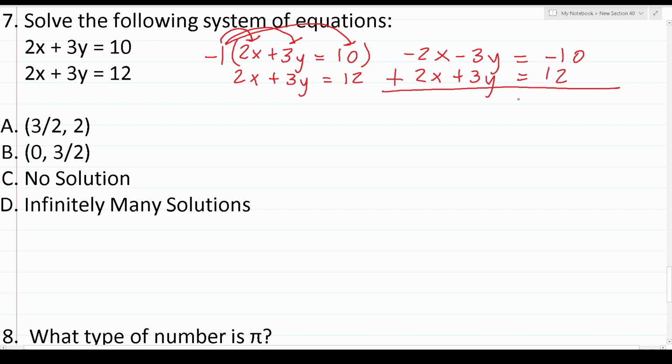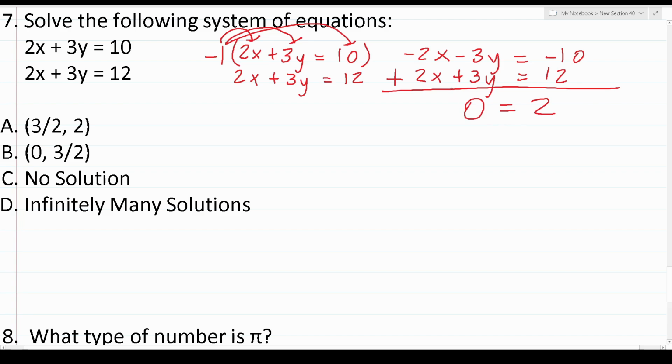Let's add these together. Negative 2x plus 2x is nothing. That's eliminated. That said, we have negative 3y plus 3y. That's also eliminated. So on the left-hand side of the equal sign, we have nothing, or 0. Negative 10 plus 12 is 2.